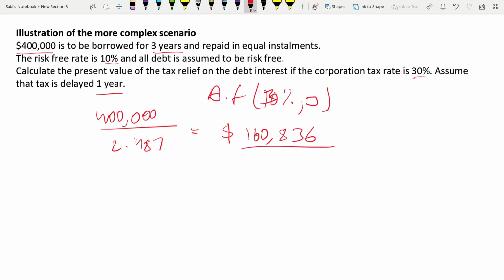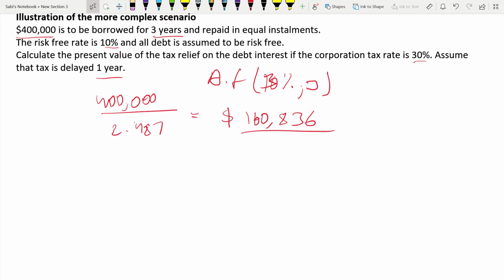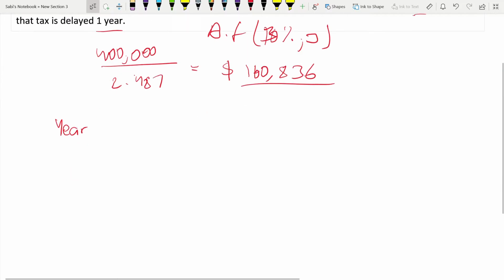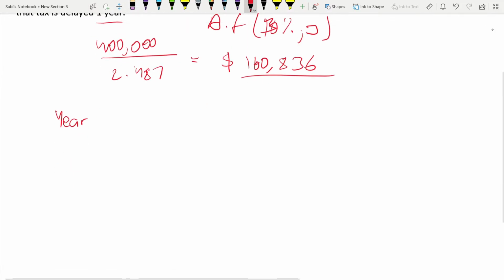Now, for this, you need to do a table. You don't have to do a table because Excel will do it for you, but in Excel you need to do this. How many years are there? 1, 2, 3. Then the opening balance, OB, in dollars.